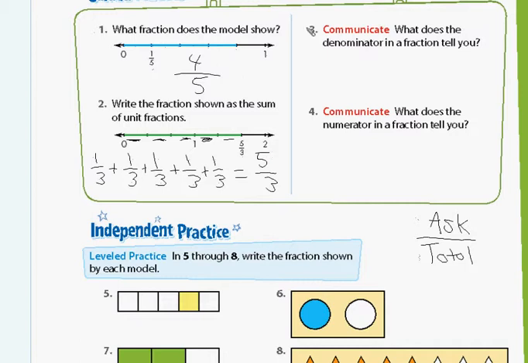Question number 3. What does the denominator in a fraction tell you? The denominator tells you how many parts the whole is broken down into.